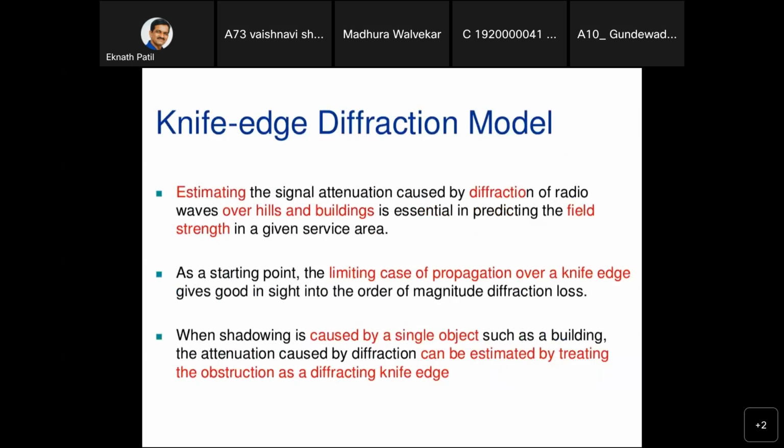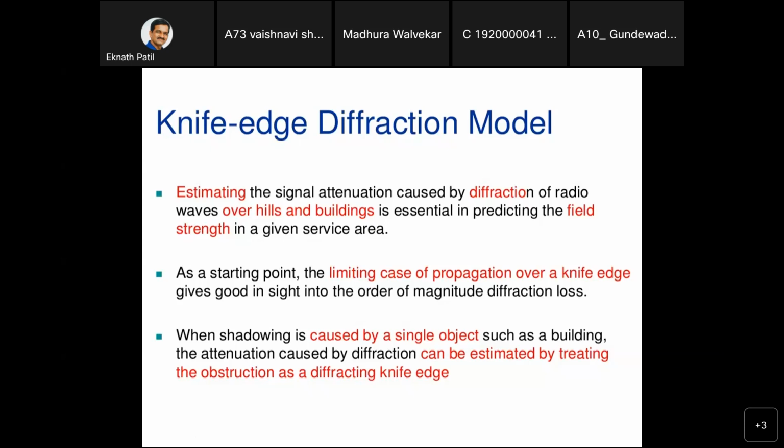Knife edge diffraction model. Estimating the signal attenuation caused by diffraction of radio waves over hills and buildings is essential in predicting the field strength in a given service area. As a starting point, the limiting case of propagation over a knife edge gives good insight into the order of magnitude of diffraction loss.